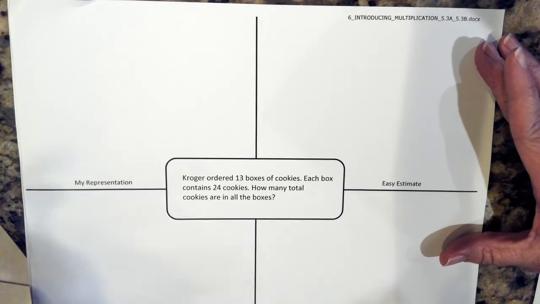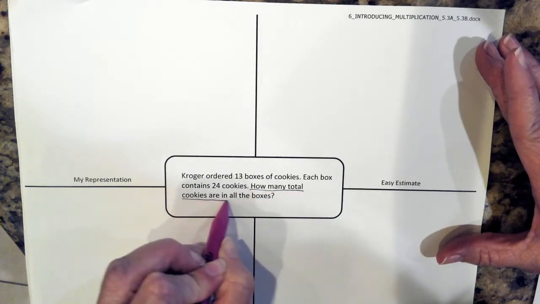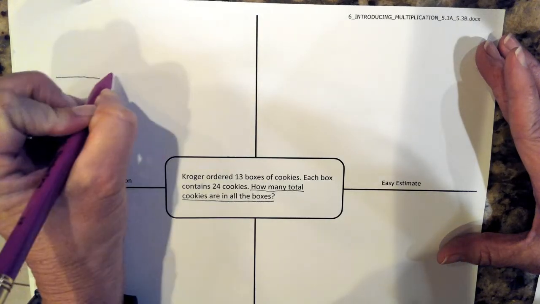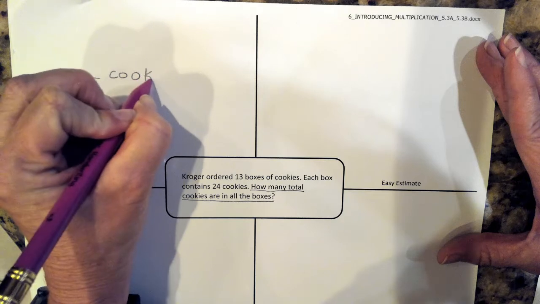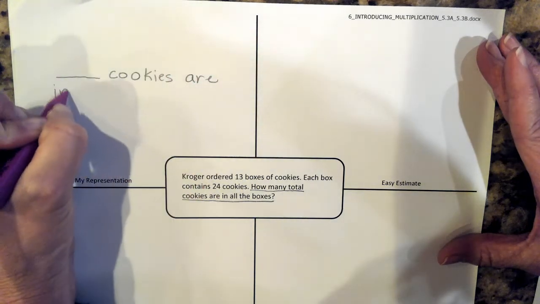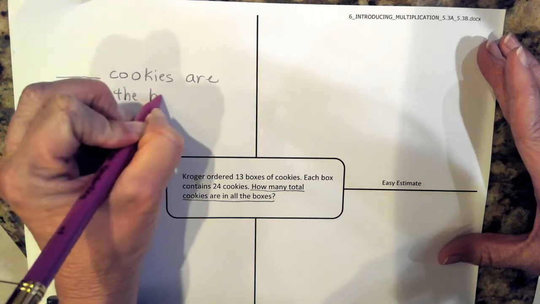So I'm going to take that question, how many cookies are in all the boxes, and I'm going to start with blank cookies are in all the boxes.